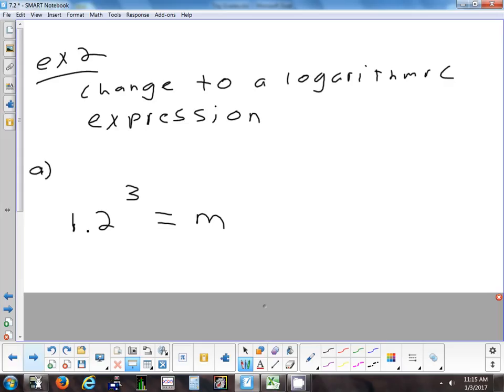Okay, this one I want to change to something that has a log. So if I'm going to change this to a logarithmic expression, what do you think the first thing I'm going to write down is?